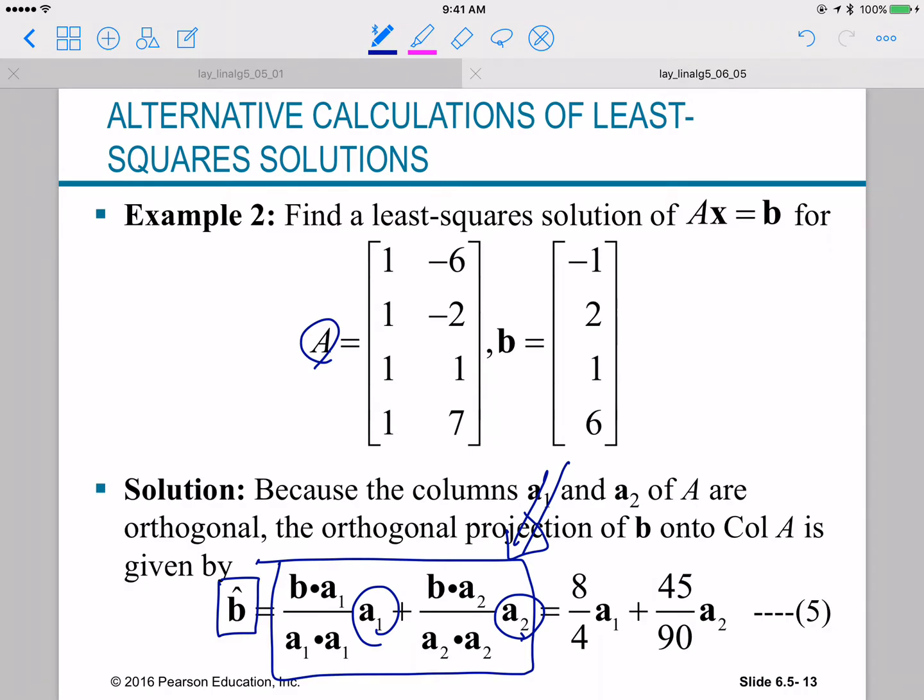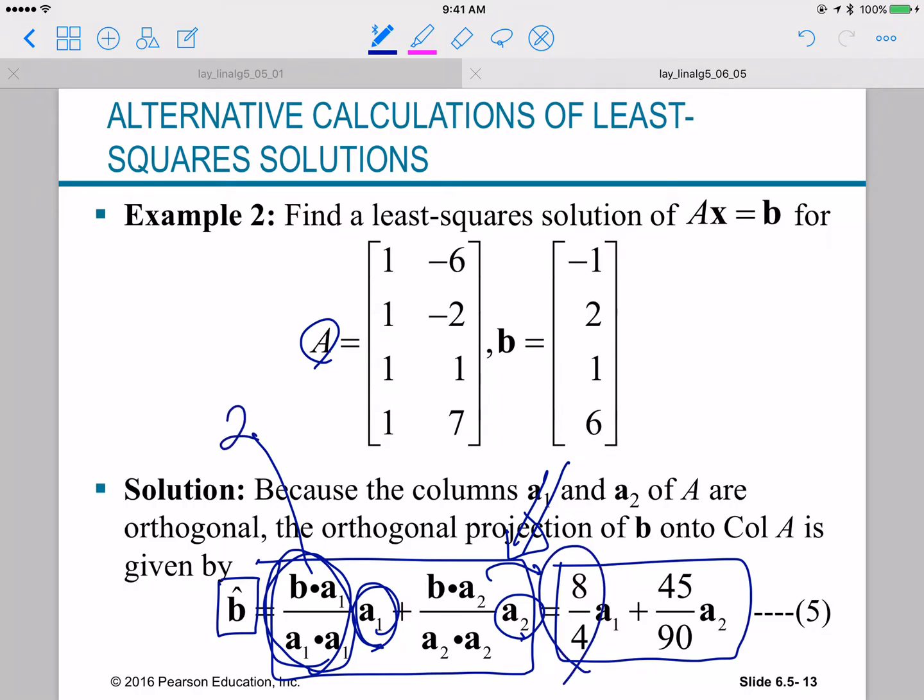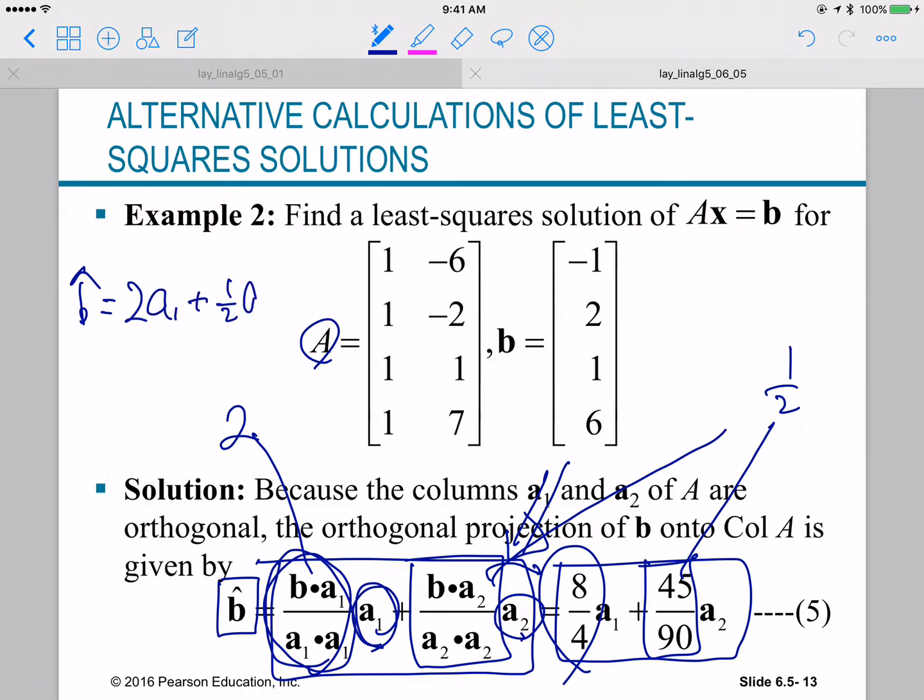Suppose it was computed as this representation, which means the linear combination coefficient associated with a1 is 2, which is 8 over 4, and the other coefficient is 1 over 2. The orthogonal projection B hat is represented as 2 times a1 and 1 over 2 times a2, right?